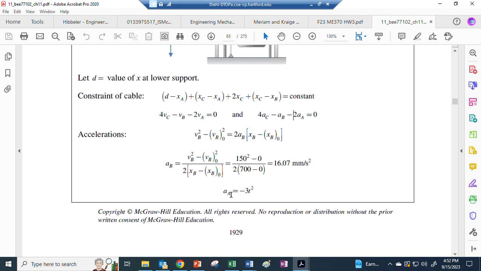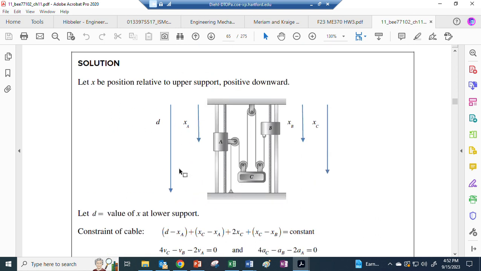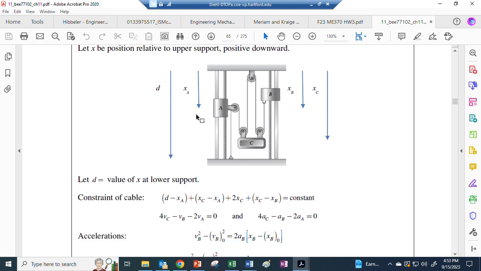See, one weird thing here is how come they're making this negative? It's because they decide they're doing the thing that I avoided doing, where you stick to the coordinate system that you defined in the beginning. So what they mean is that negative means it's going up, because the coordinate system is positive downwards.